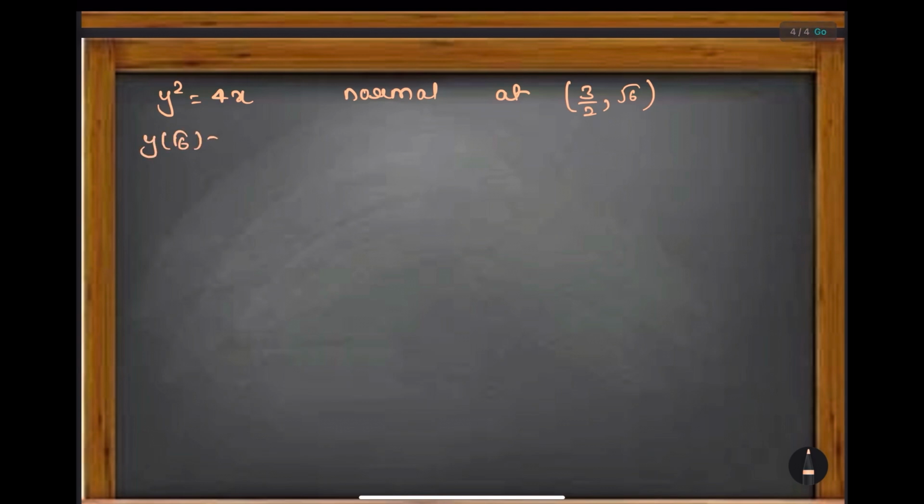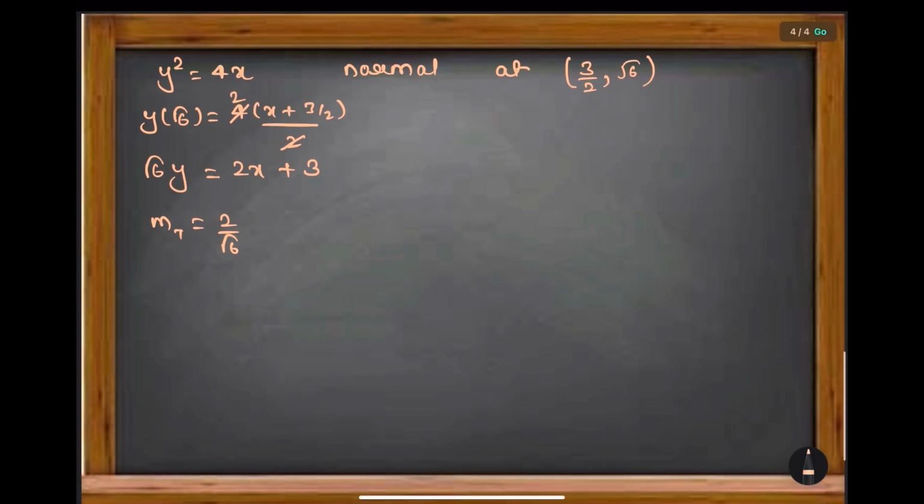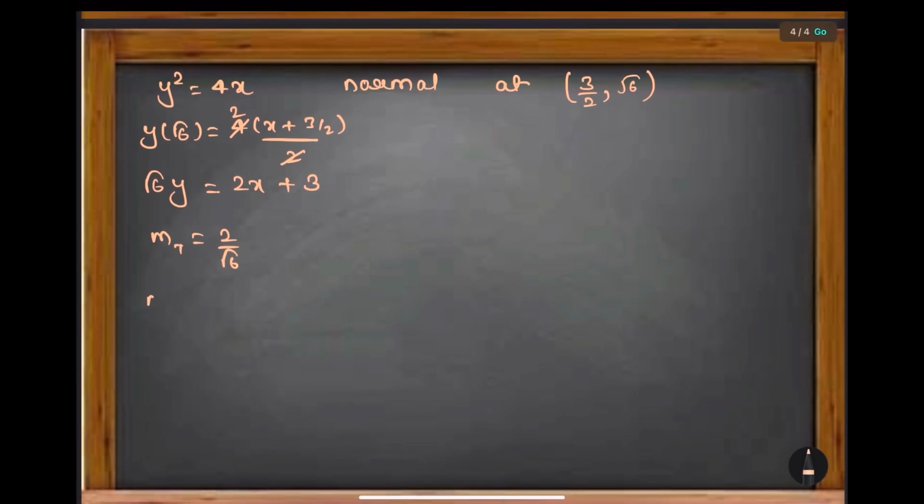So the tangent becomes root 6 y equals 2x plus 3. So the slope of the tangent is 2 by root 6. You know that the product of the slope of the tangent and the slope of the normal is -1.